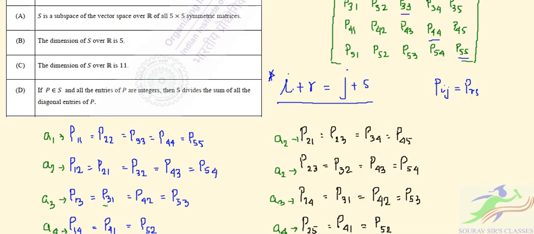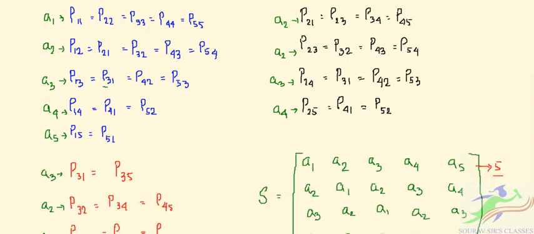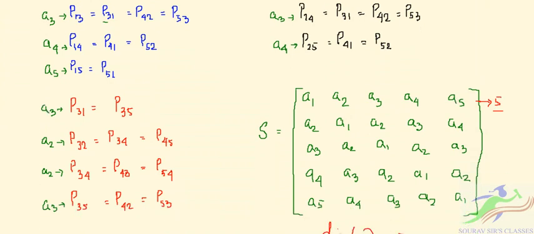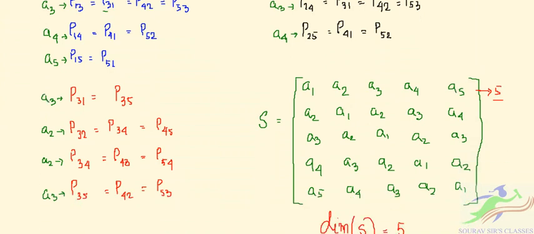Actually you can see that whatever S we have defined, the S matrix, is a set of symmetric matrices, right? 5 cross 5.